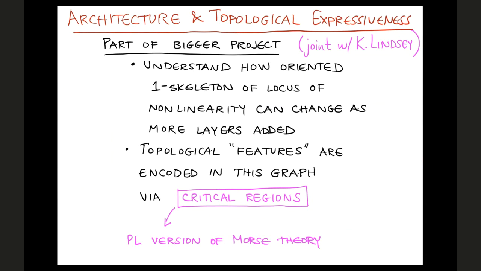Yeah, for those of you who do know tropical geometry, this is like the one skeleton of a tropical hypersurface for your tropical function, in the case where your coefficients are integers.